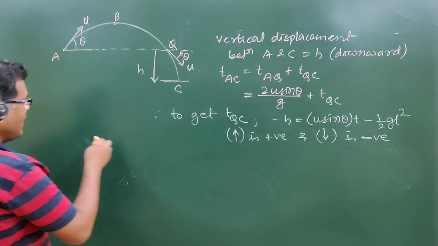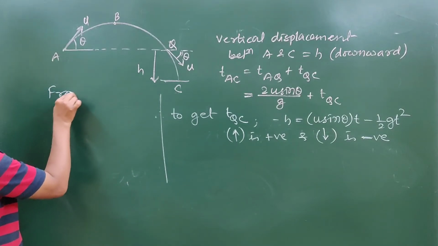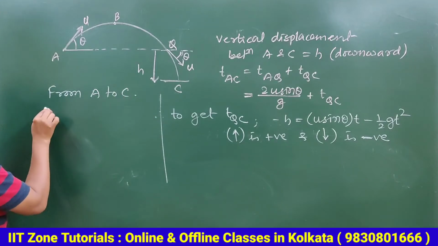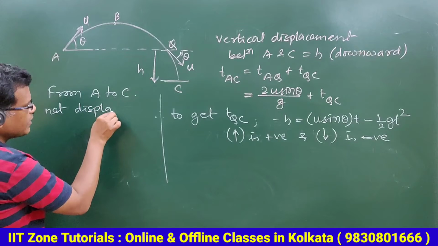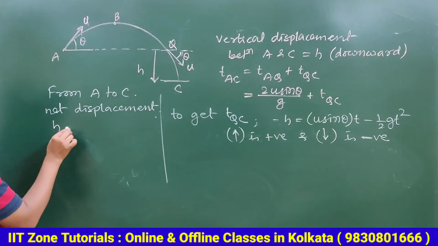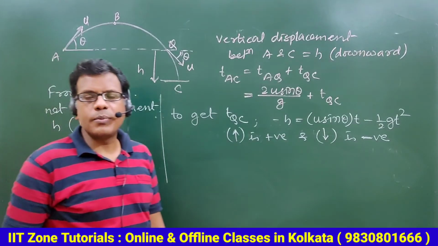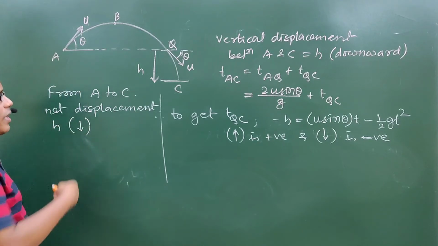I can directly say in a journey from a to c, net displacement is h downward in direction. Net displacement in a journey from a to c is h, and that too in the downward direction.